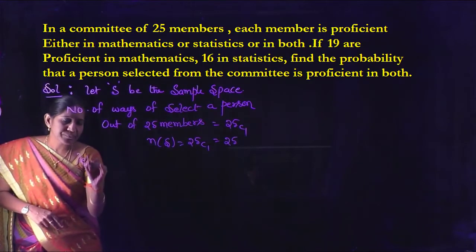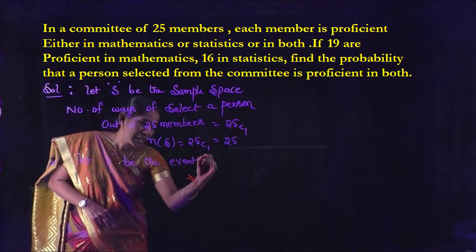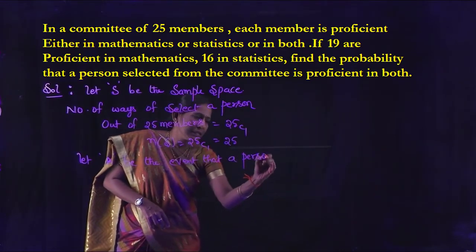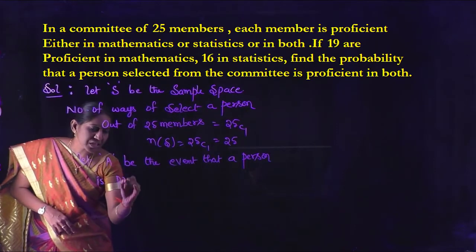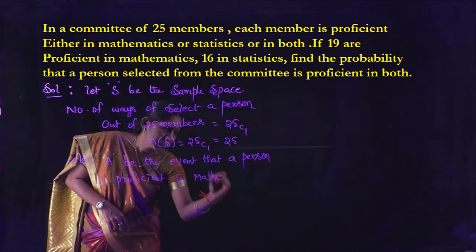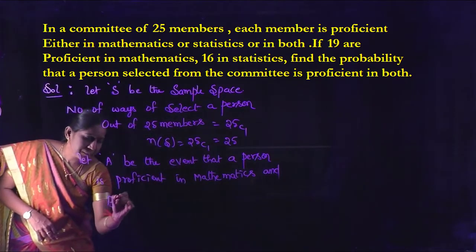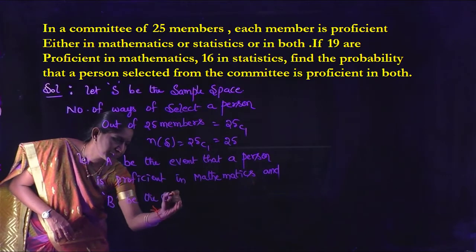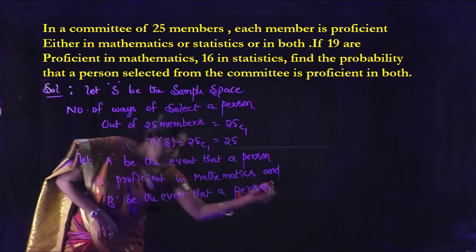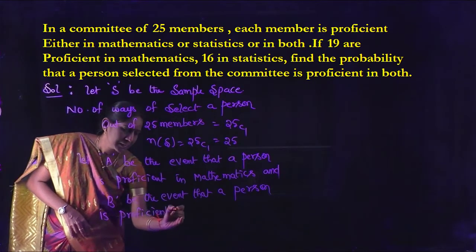So, let A be the event that a person is proficient in mathematics and B be the event that a person is proficient in statistics.